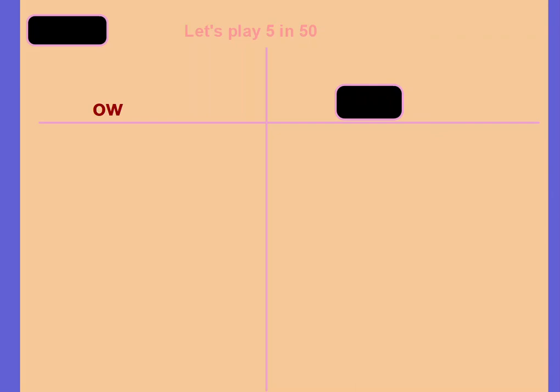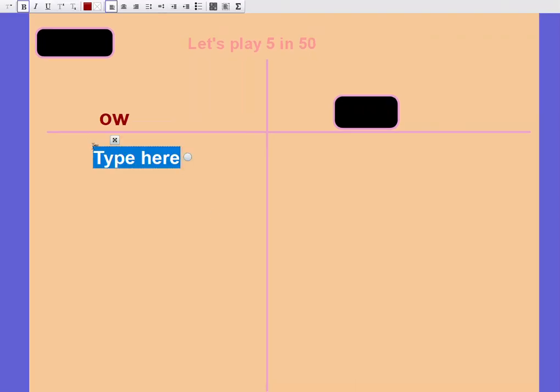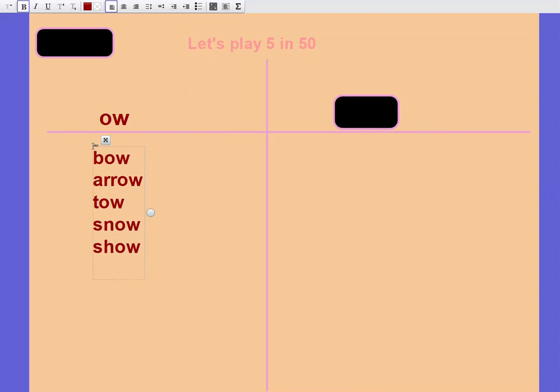So, we're looking at the O words. I gave you one, bow, as in bow and arrow. You could have tow, as in you tow the boat on the back of your car. You could have snow or show or glow or throw.